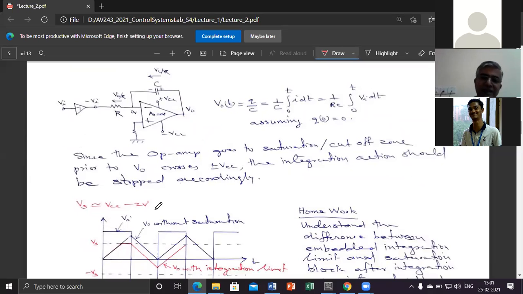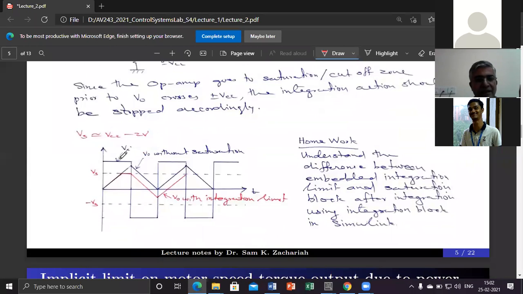As I told earlier, we put a practical limit, say plus Vs and minus Vs, as the limit for V naught, which has a little bit of offset compared to VCC. Vs is equal to VCC minus 2 volt, just assume.